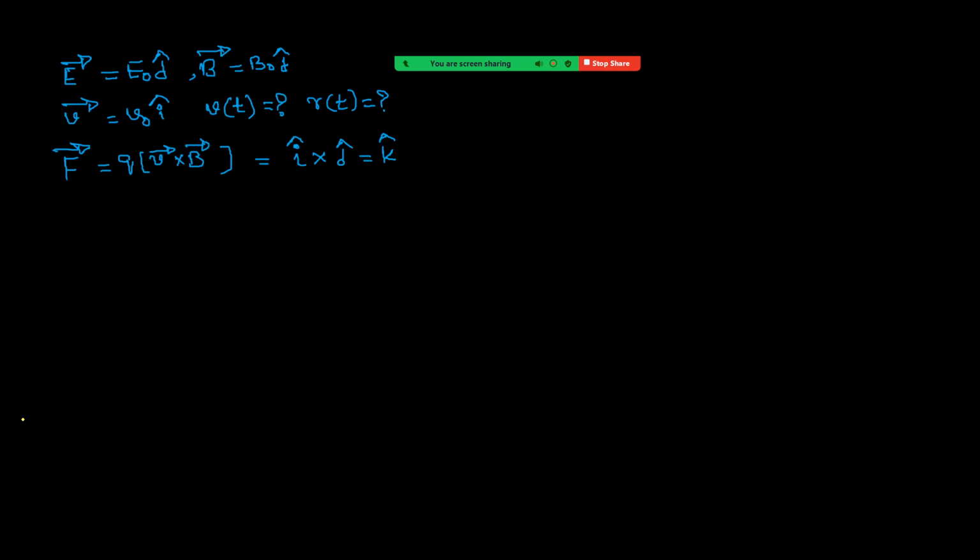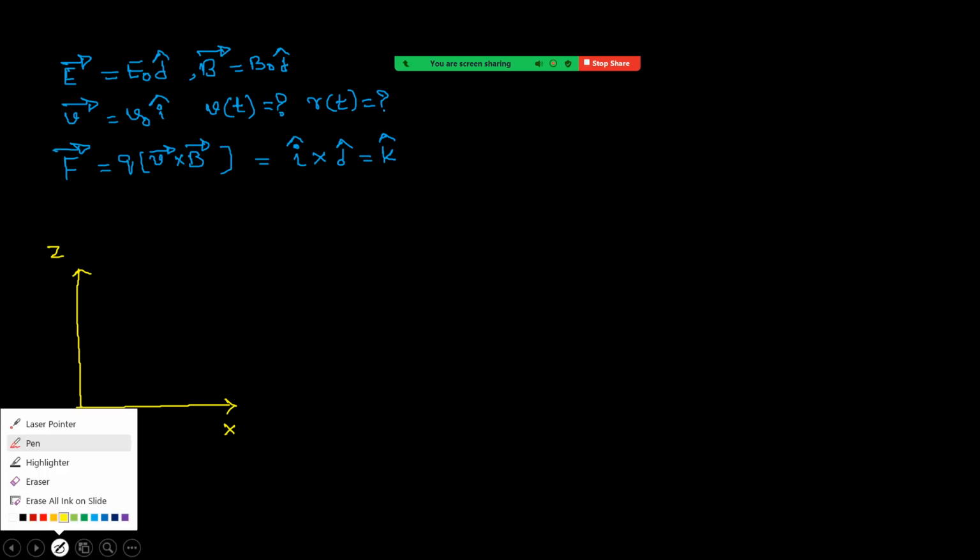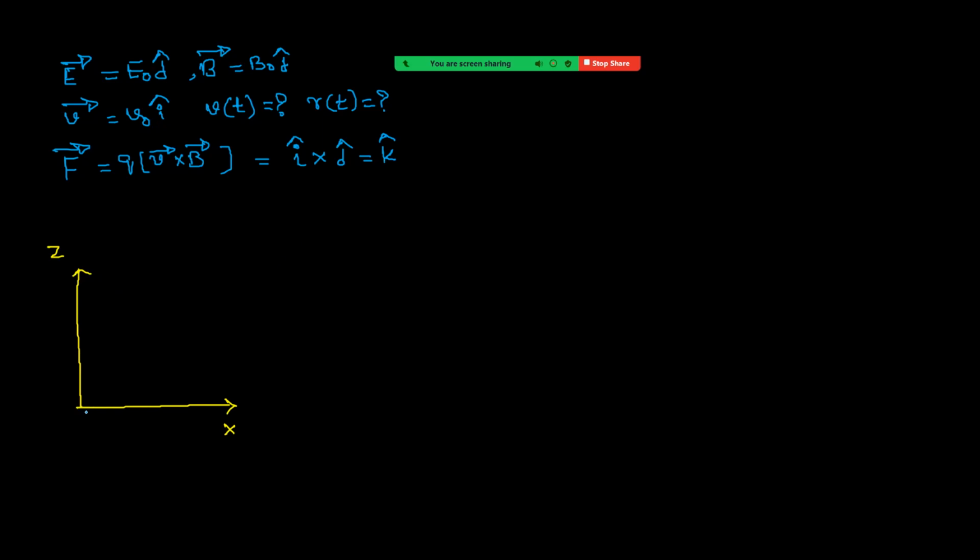Let us take this as the z-axis and this as the x-axis, because velocity vector is along the x-axis and force is along the z-axis at origin.